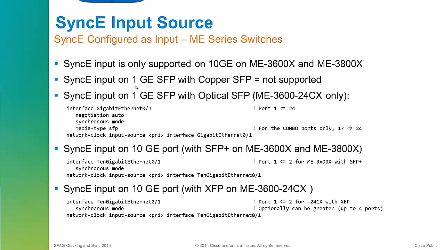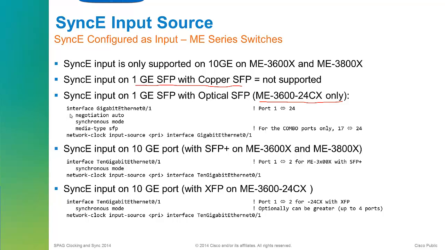The input's not supported and certainly not supported on the copper SFP. If you have an optical SFP, again 3600, 3800, not supported for input, but the 24 ACX does support it. So you can take in, like the 901, the 903, you can take in synchronous Ethernet on one of the gig E ports with optical SFP.